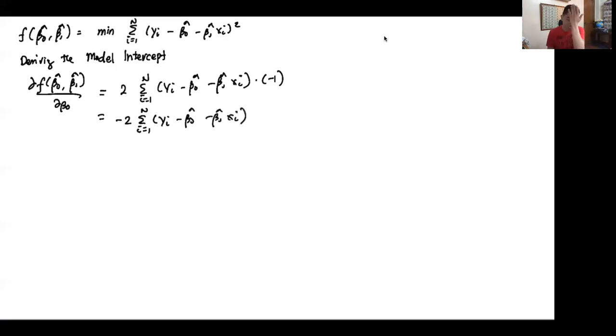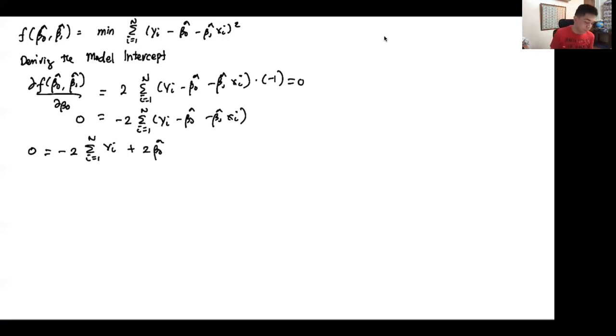Then what we can do is distribute the -2 and the summation around. Notice this is equal to 0, we're equating to 0. So 0 is equal to -2 summation i equals 1 to n of y sub i, plus 2 beta 0 hat, because all parameters beta 0 and beta 1 come before the summation sign.